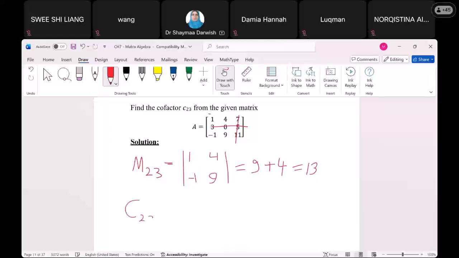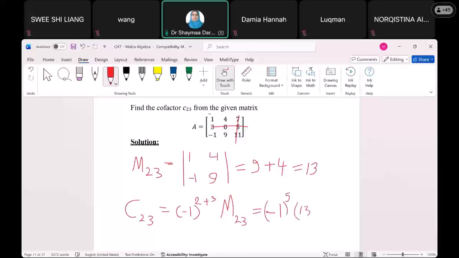I need C23. It will be equal to minus 1 to the power 2 plus 3 times the minor. Minus 1 to the power 5 is minus 1, so minus 1 to the power 5 times the minor, which is 30.